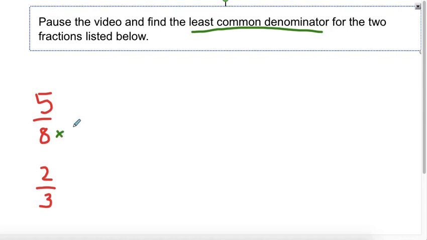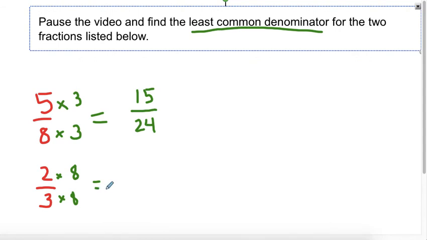So we're going to multiply 8 times 3, which means we multiply the top of that fraction by 3. And down here, 3 times 8, and the top of that fraction by 8. So up here we get 15 over our denominator of 24. And down here we get 16 over our denominator of 24.